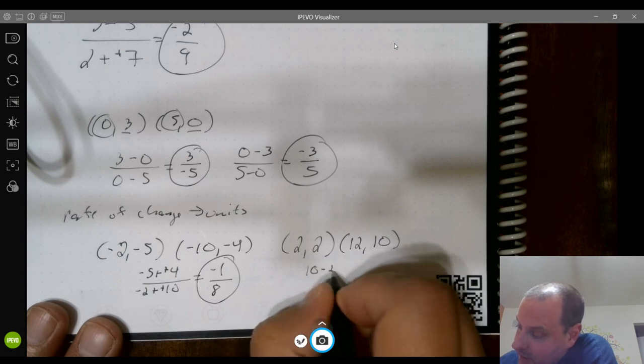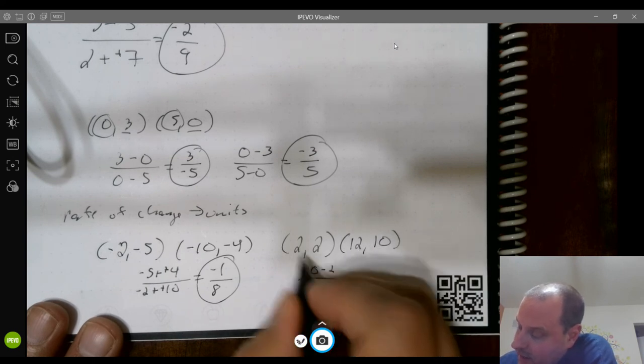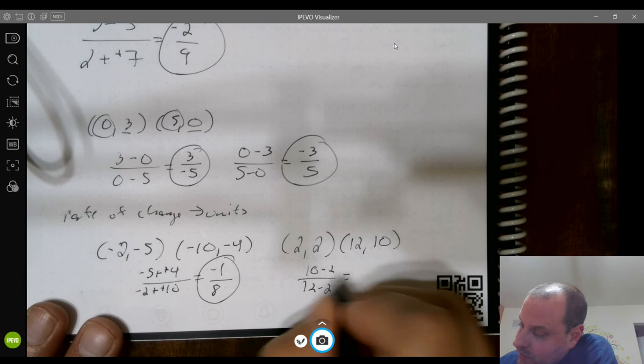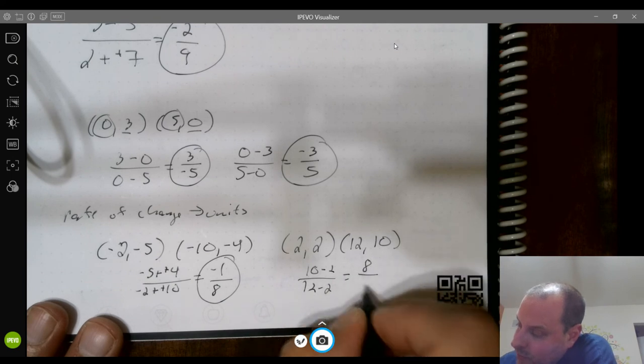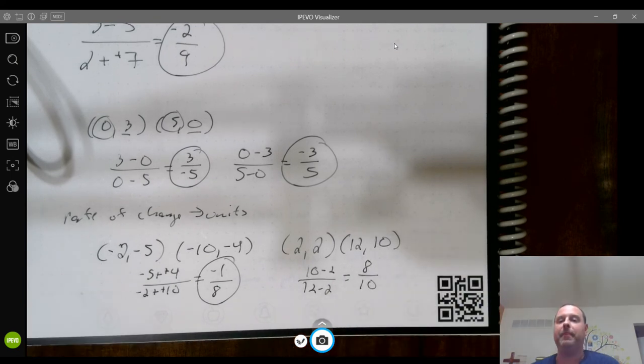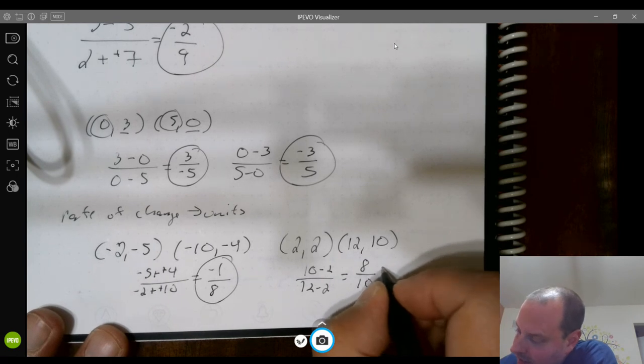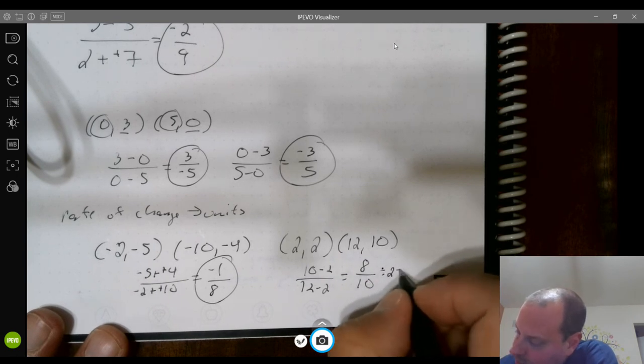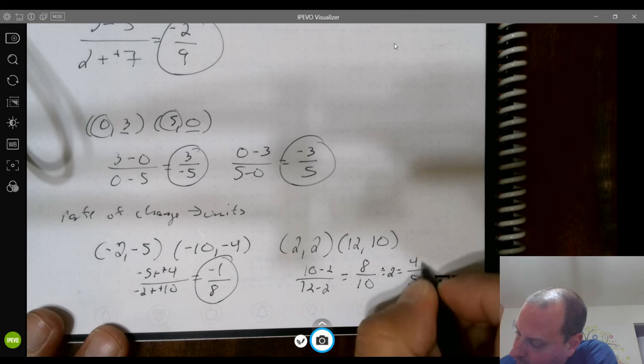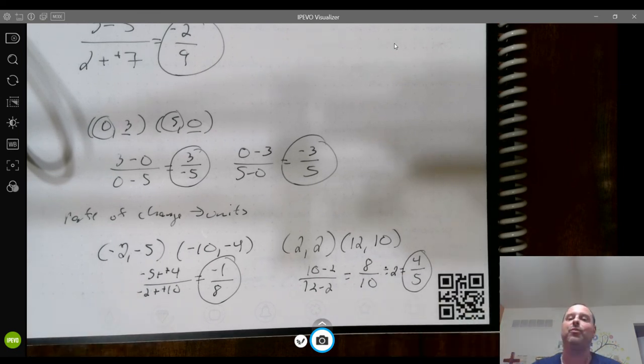So I have 10 minus 2, then I have to do 12 minus 2. So 10 minus 2 is 8, 12 minus 2 is 10. So when I say we're looking to simplify, 8 over 10 is not a simplified fraction. I look at what goes into both 8 and 10, and I could divide both by 2, so I end up with 4/5. That's the right answer.